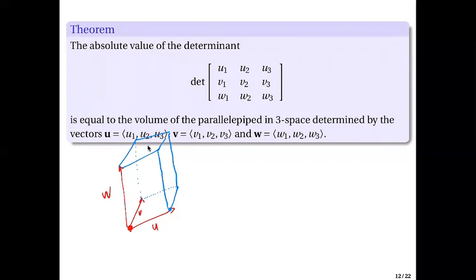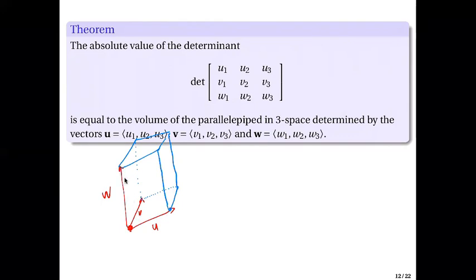If you need the proof for this formula, it's similar to what we did in the area of a parallelogram, but this time you will now consider the height here. The area of the base is just a parallelogram, so you can calculate that easily using the formula before, but this time you will get a height.